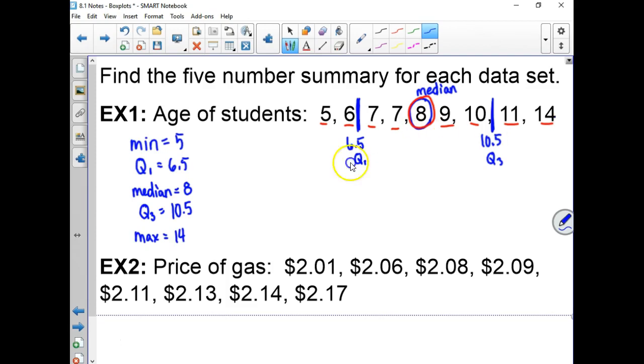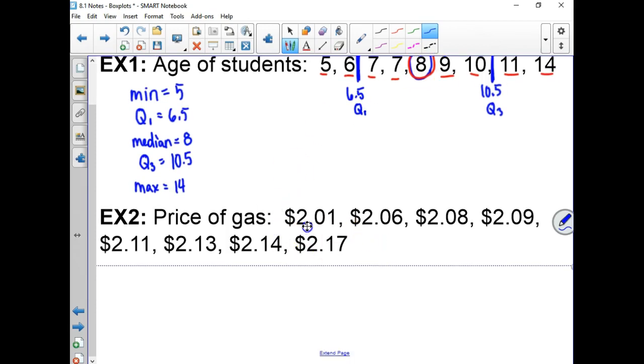If we look at the next set of data that we have, these are prices of gas, and we have 1, 2, 3, 4, 5, 6, 7, 8 numbers here. So the halfway point of these numbers falls right here between the 4th and 5th number. So we're going to average those two together. Between 2.09 and 2.11, we would have 2.10. That would be our median.